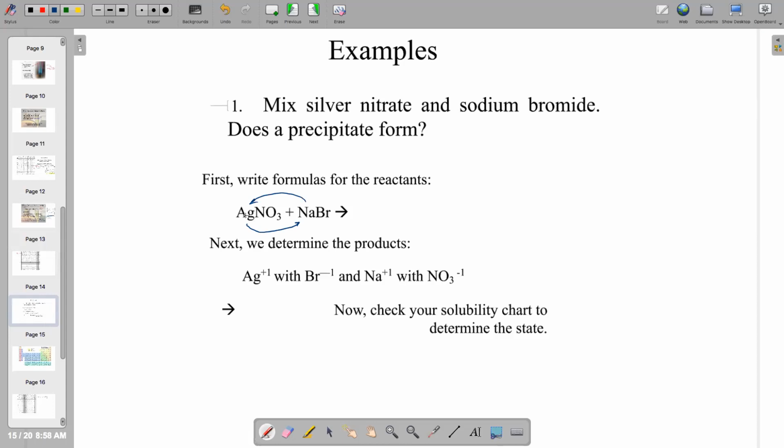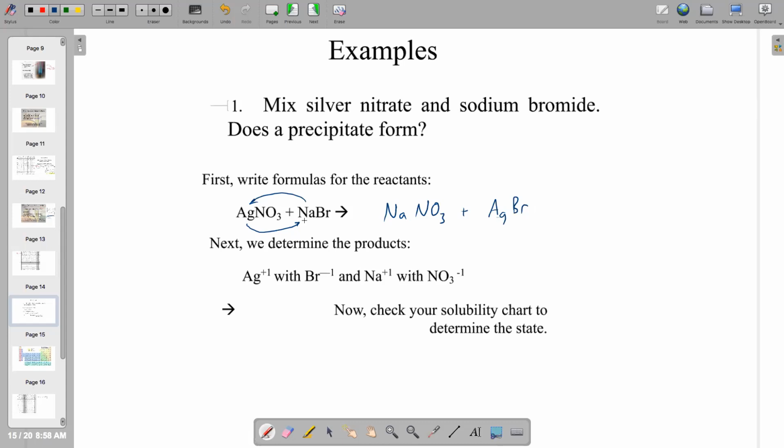So the products you'd expect are sodium nitrate and silver bromide. And it turns out they all have a charge of 1, so that's easy to write the equations. There's no other subscripts, because silver has a charge of +1, bromine has a charge of -1, sodium's +1, nitrate is -1.